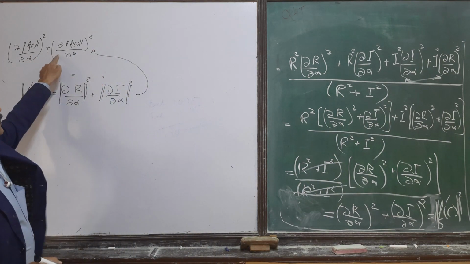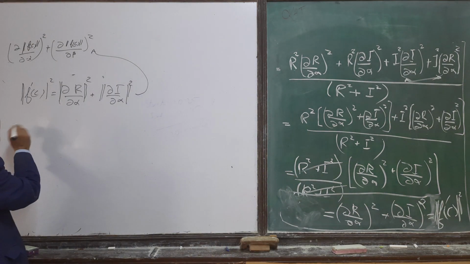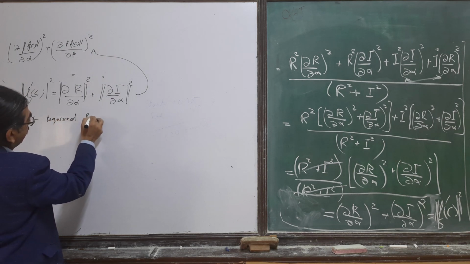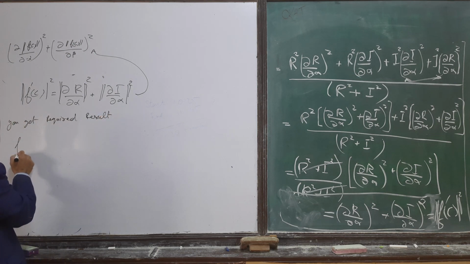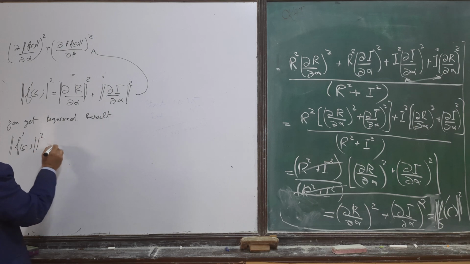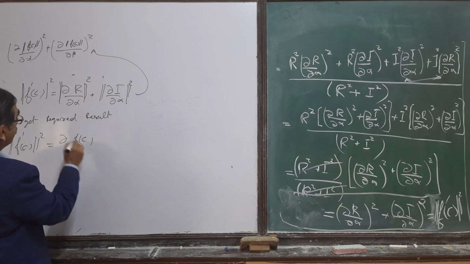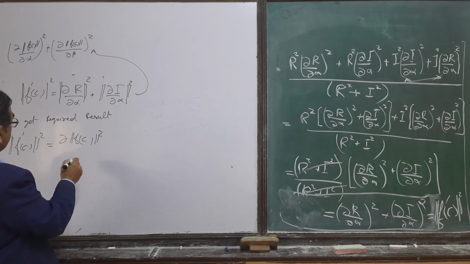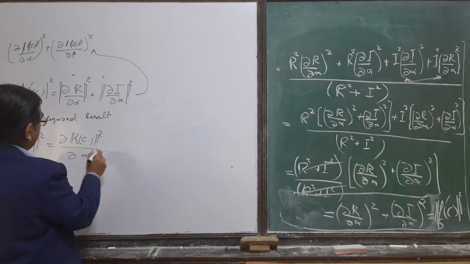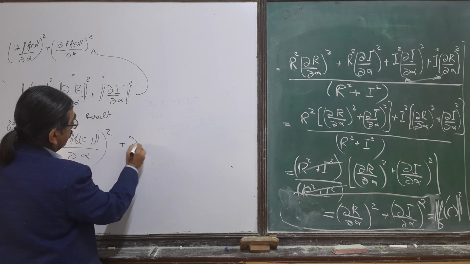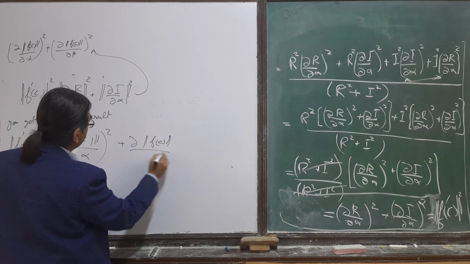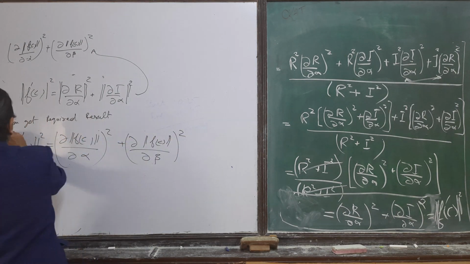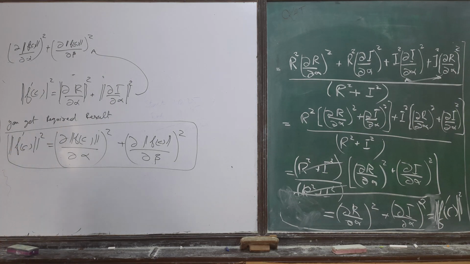Because this term comes from this, you get the required result, that is, Fc magnitude square is equal to this. That was our required result. Okay, got it?